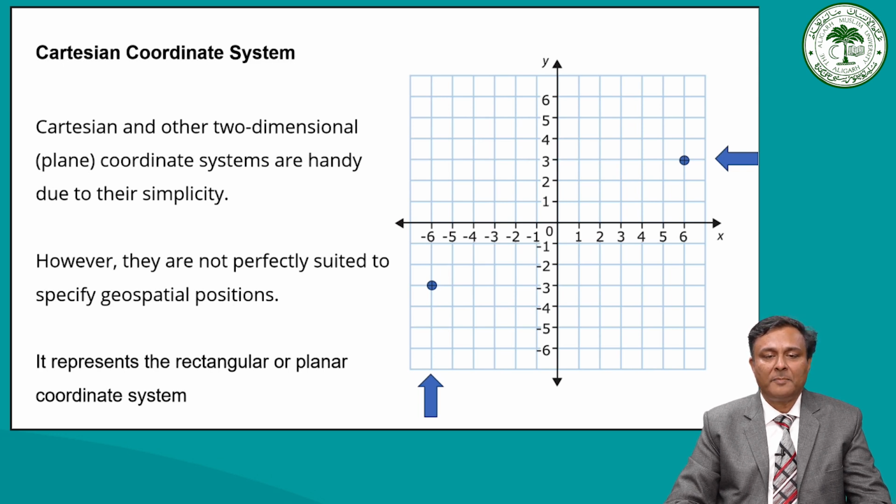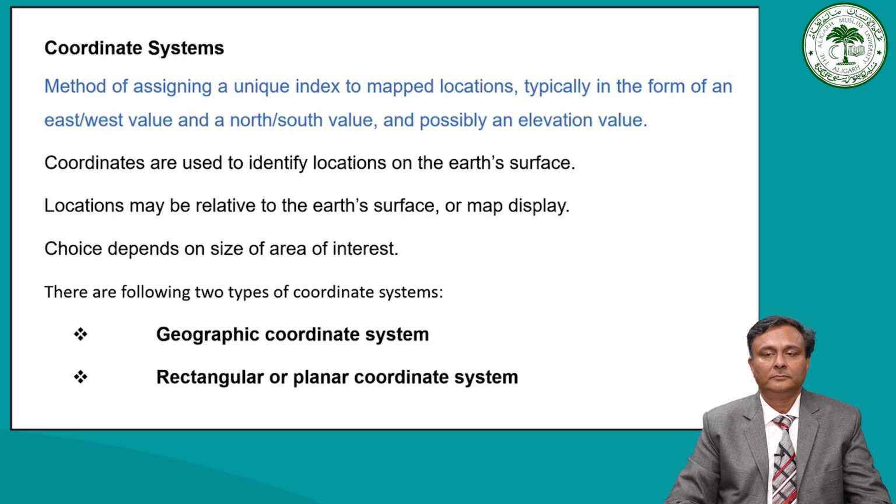So they may not be perfectly suited. The Cartesian coordinate system represents the rectangular or planar coordinate system, as shown in this diagram.